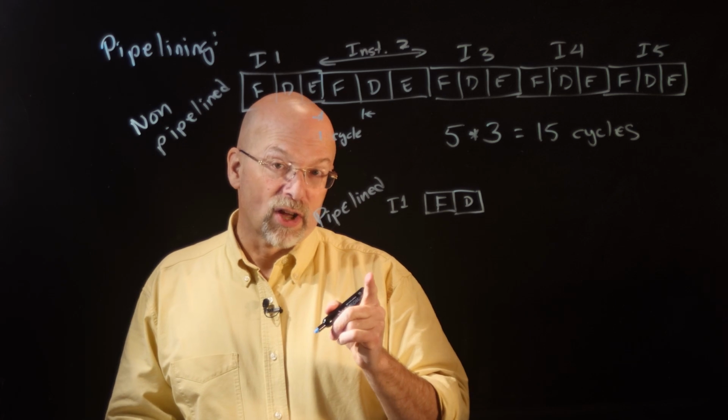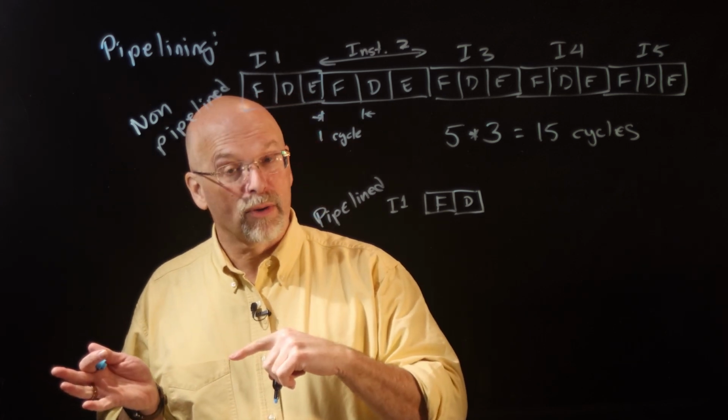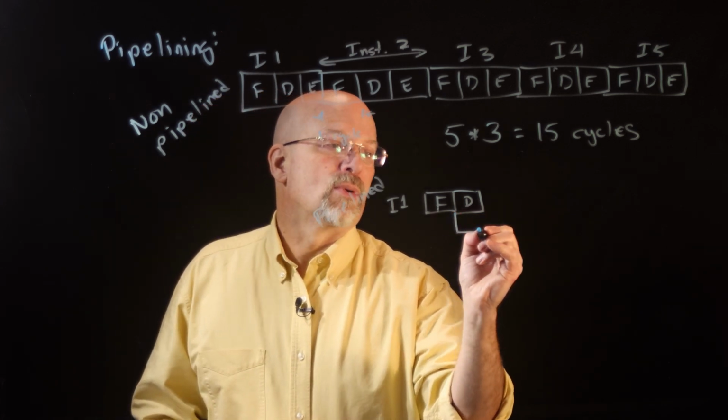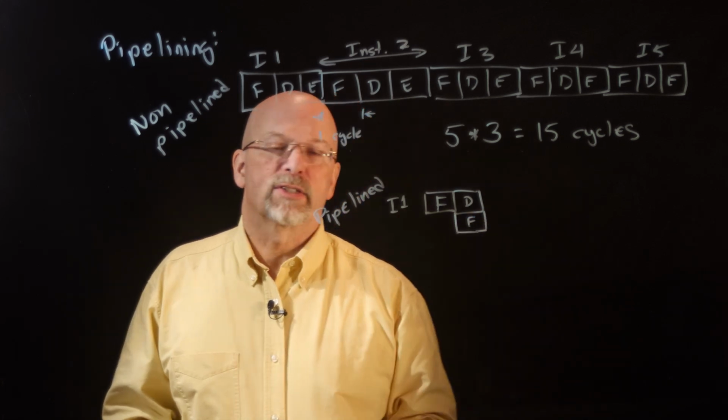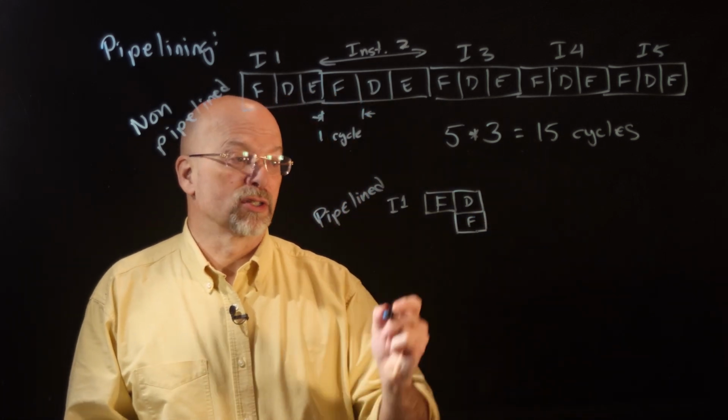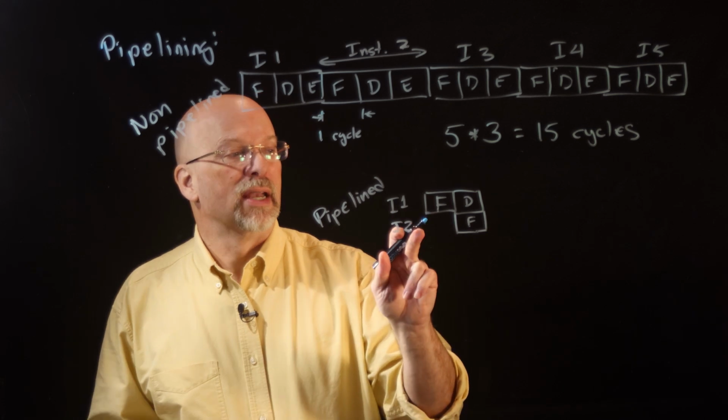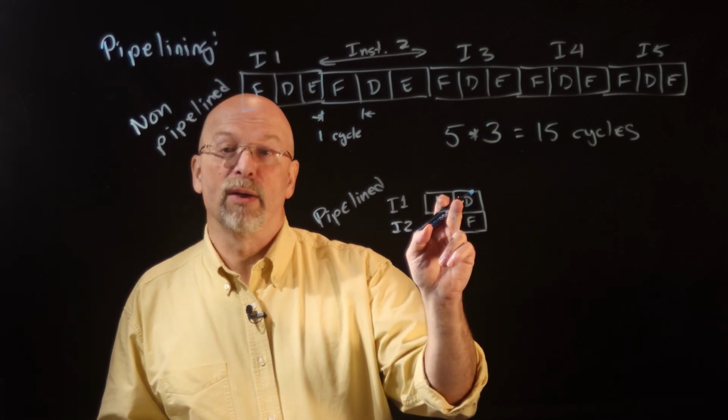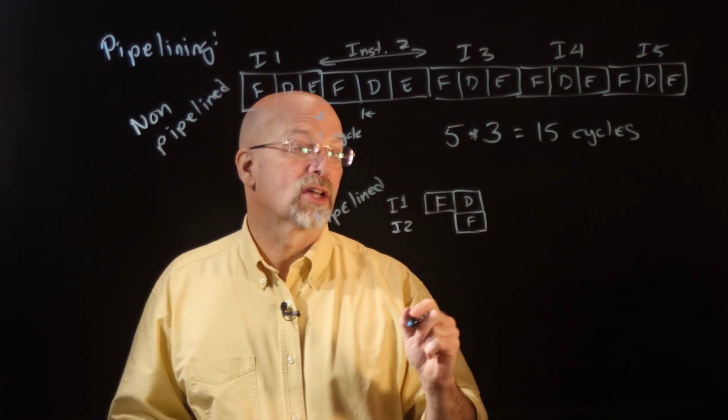But the instruction decoder has already incremented the program counter or instruction pointer so that the bus interface unit can fetch the next instruction. So this is I2. Now I2 is being fetched while I1 is being decoded.